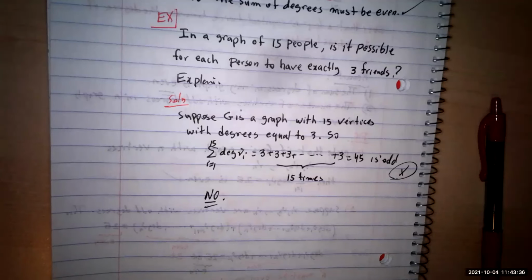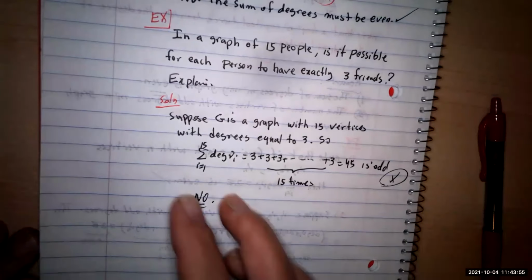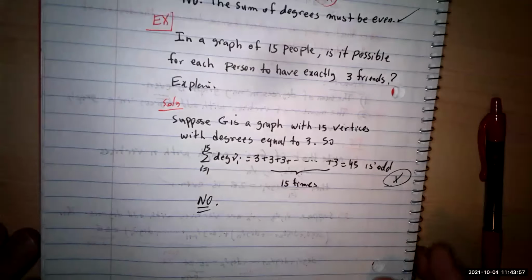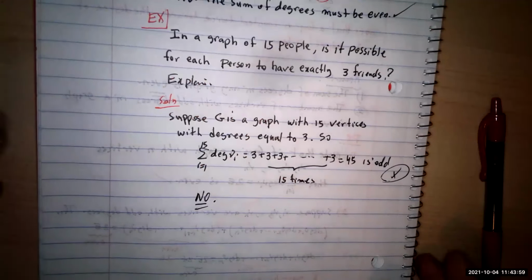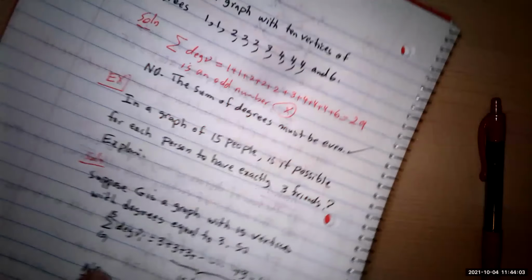Is it possible? It's the same thing, it's not possible because the number of odd degrees must be even. But anyway, that was the handshaking theorem. Any question? So don't be surprised. You have a list of these types of problems, and this is the way you're going to answer them. And you may get one of them.